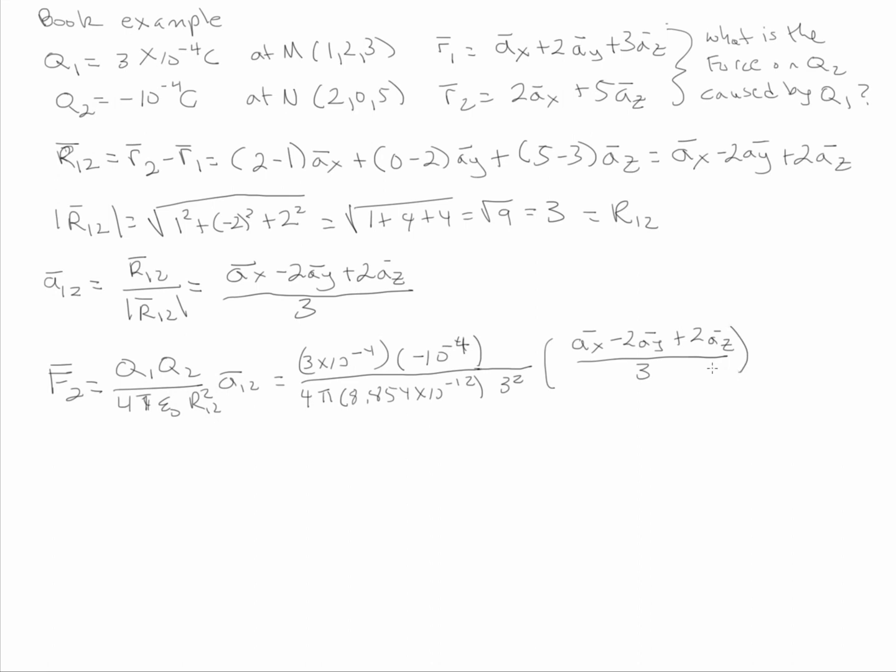And so this comes out to be F2 equal to minus 30 times ax minus 2ay plus 2az divided by 3, which is equal to minus 10 ax plus 20 ay minus 20 az.